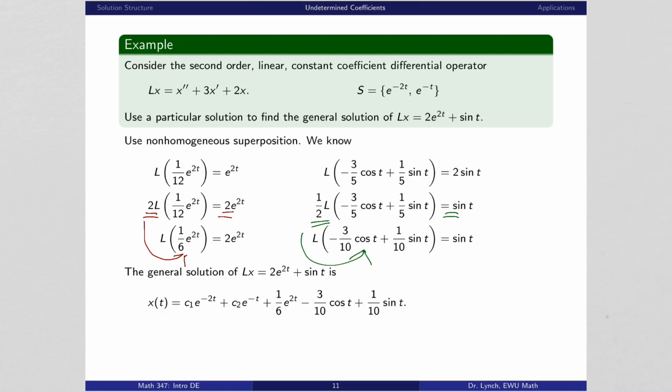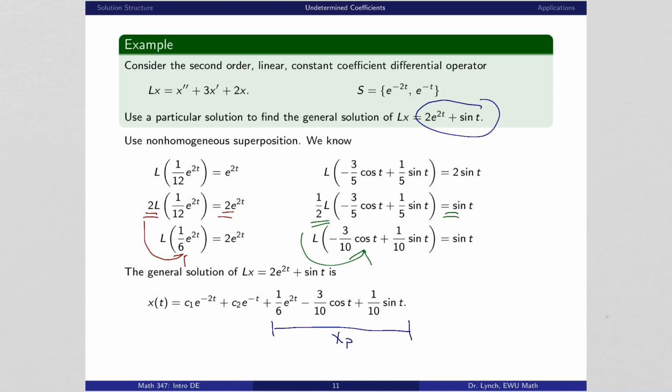Okay, finally we can put those two together to see the solution of the non-homogeneous equation in the case of the sum, right? So here we have a sum on the right-hand side, and that solution has to be the sum of those two individual solutions. So I'm calling this xp.